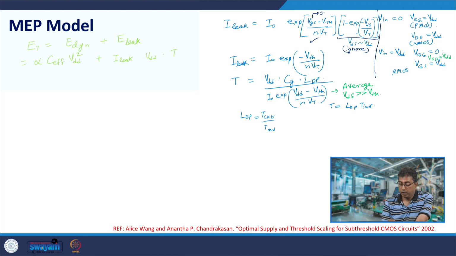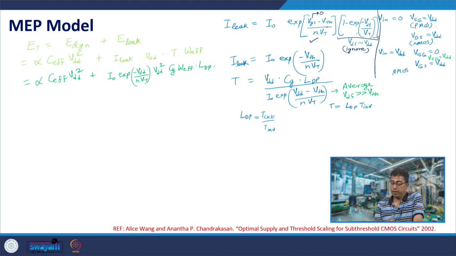Therefore, here this becomes alpha C effective VDD square plus I naught exponential minus VDD by NVT VDD square Cg W effective into logic depth. Here we observe that the threshold voltage terms in the leakage current and in the time period cancel out. So, the leakage component seems to be not dependent on the threshold voltage.